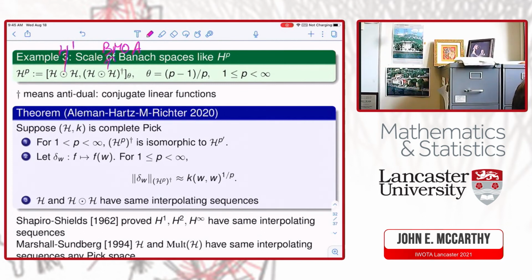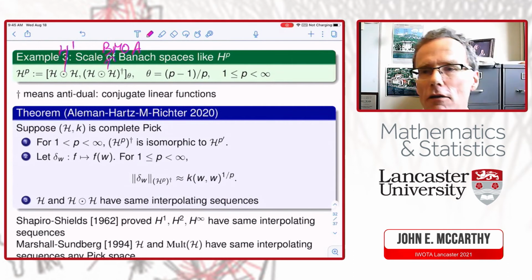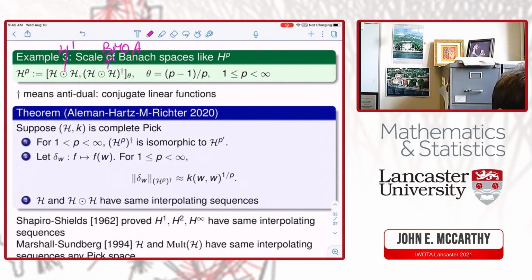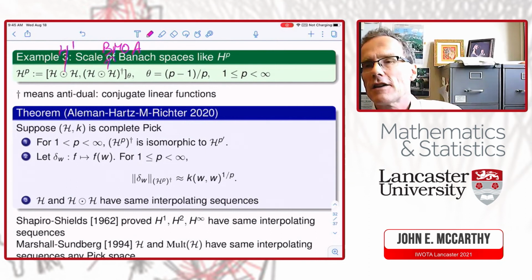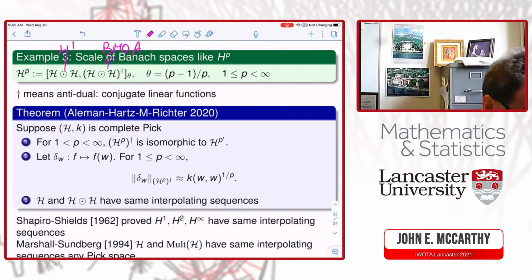But for P between 1 and infinity, we get a couple of extra properties. We get that the anti-dual of HP is isomorphic to the space HP prime, where as usual, 1 over P plus 1 over P prime is 1.